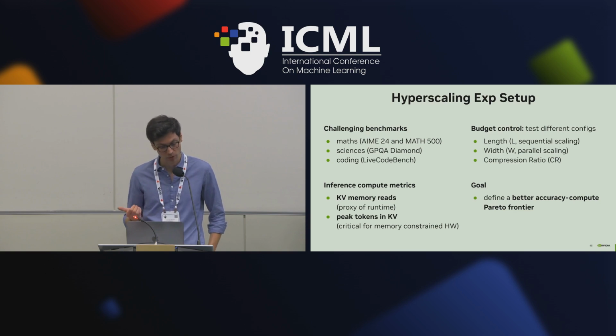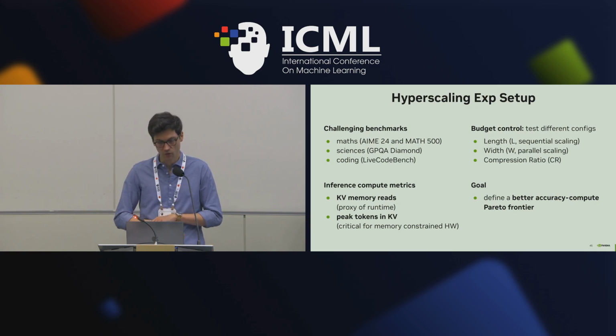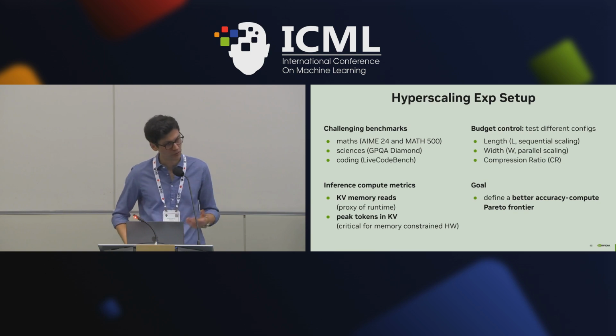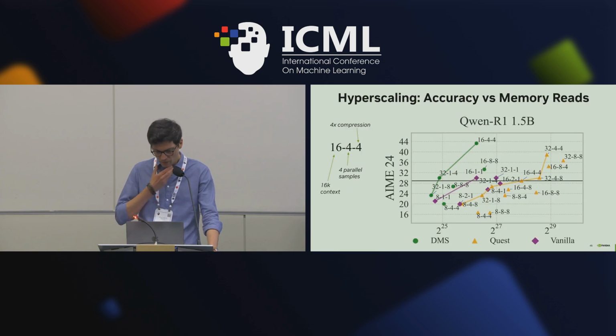We took math problems, questions from science and coding, and we tried to run different setups of parallel and sequential scaling, with different compression rates, and then see how it compares to the vanilla model, but also other methods that we think are leading in KV cache compression.